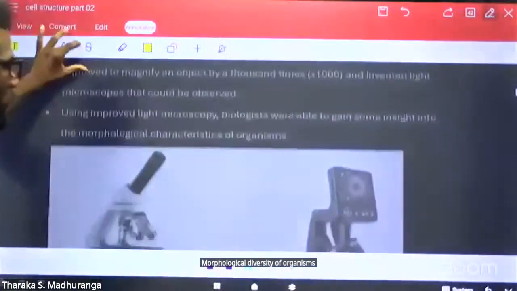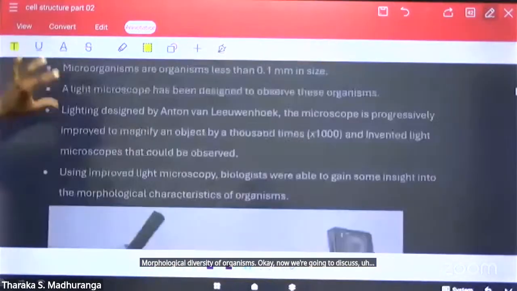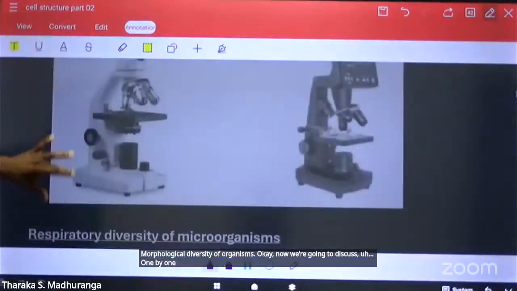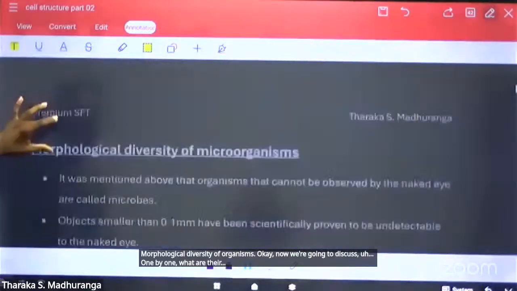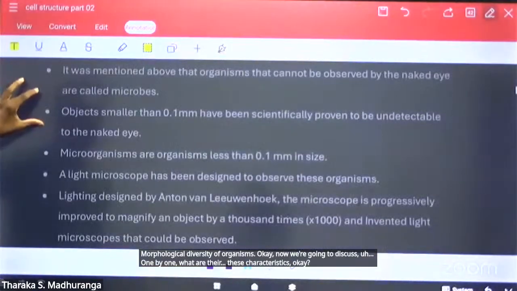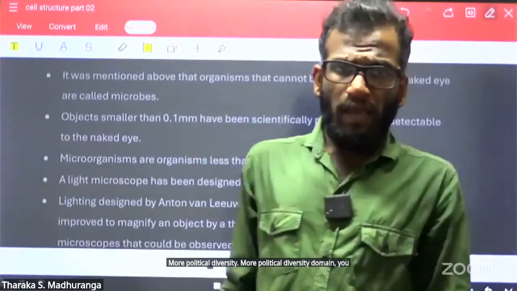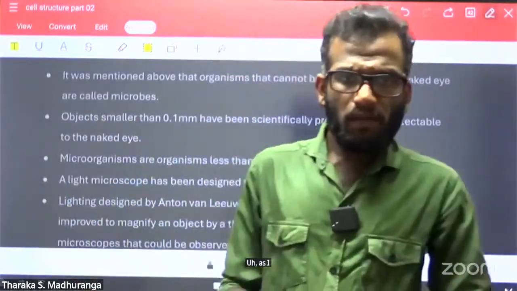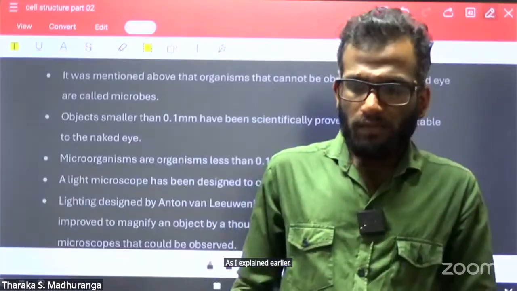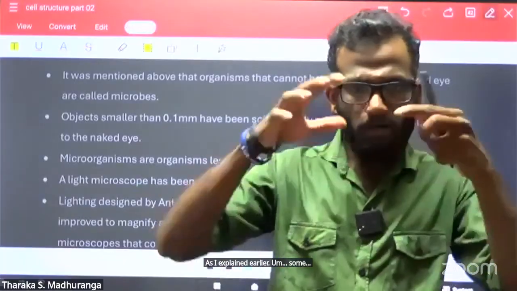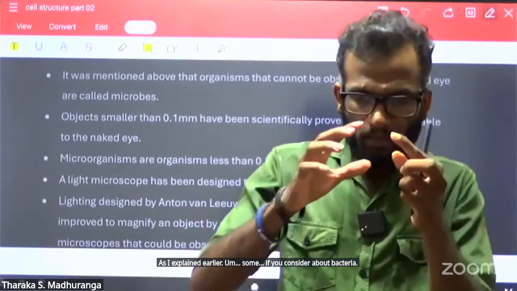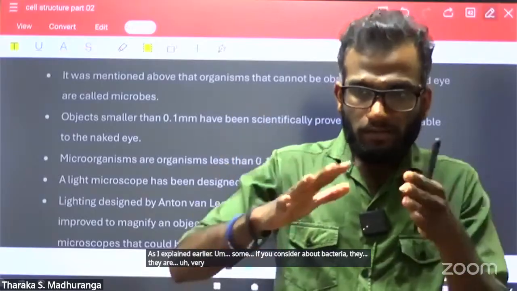Now we are going to discuss one by one what these characteristics are. Morphological diversity means, as I explained earlier, if we consider bacteria, they have a very simple structure.